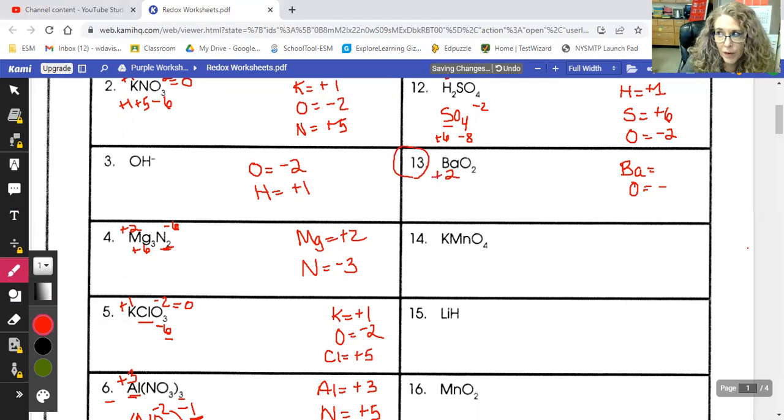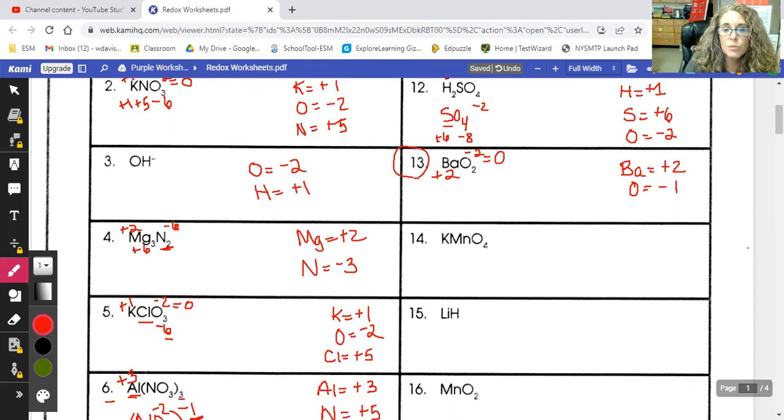But I do know that barium is +2 because barium is definitely in group number 2, and so can only be +2. Barium plus oxygen has to add up to 0. I still know that oxygen is going to be negative, but the 2 oxygens have to add up to -2 to cancel out. So each oxygen must be a -1.